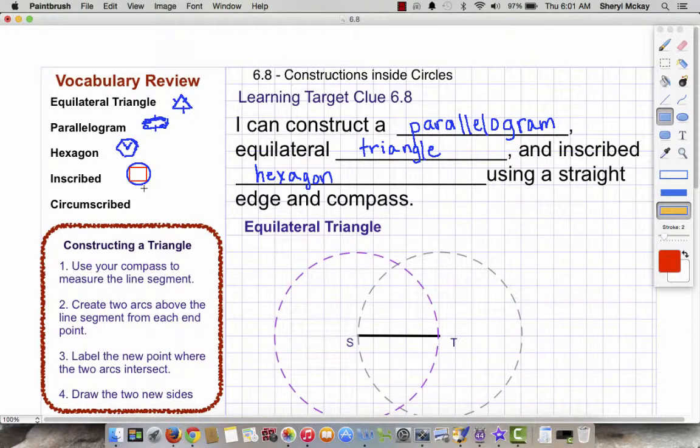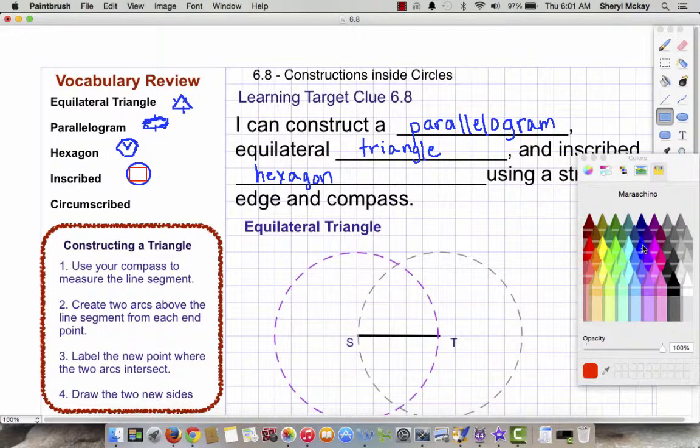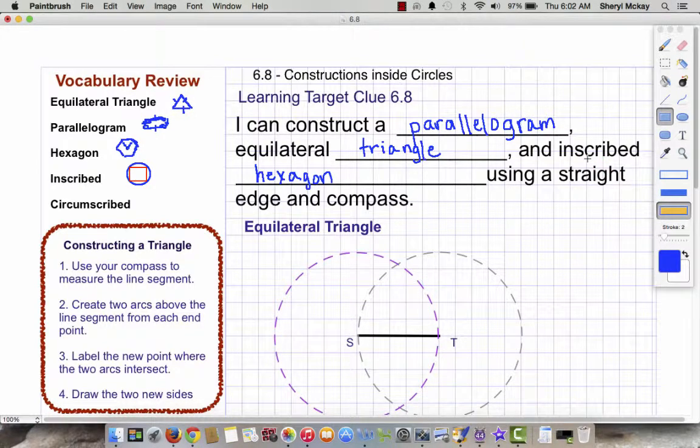All right? The other thing that we can do is we can say circumscribed, and circumscribed means that we're talking about the circle. So a circle circumscribes, goes around the polygon. So if you're talking about the circle, you say that it's circumscribed. It's basically talking about the same thing. It's just that circumscribed is talking about the circle.